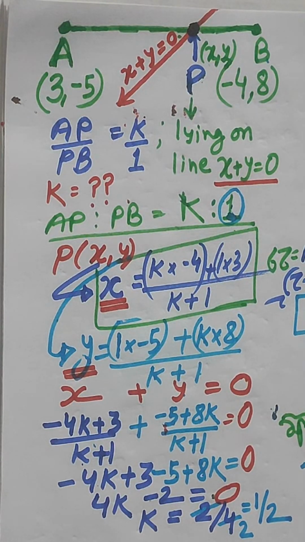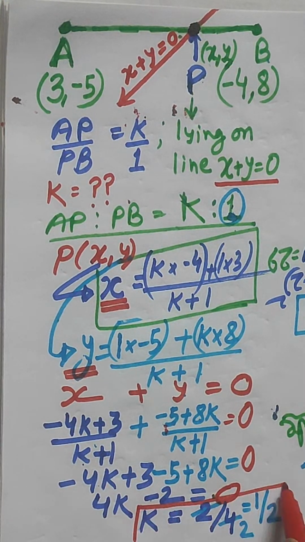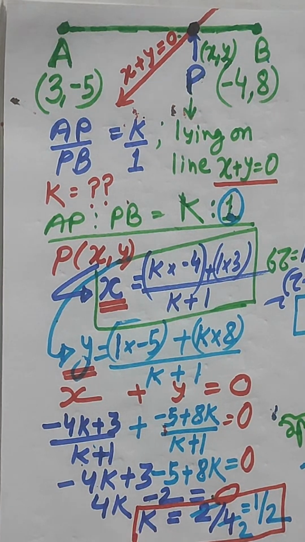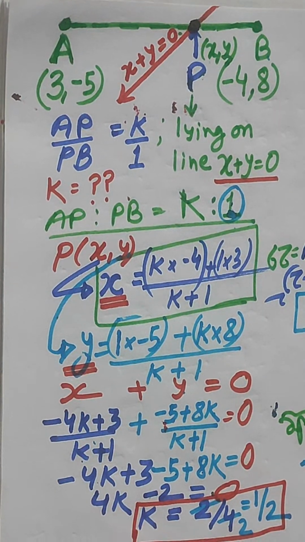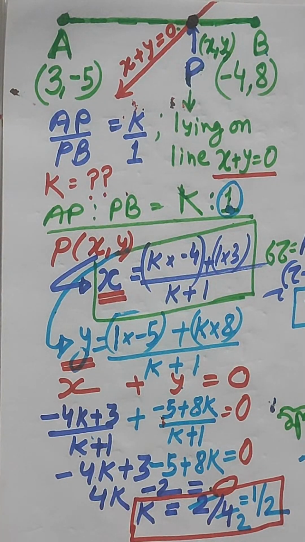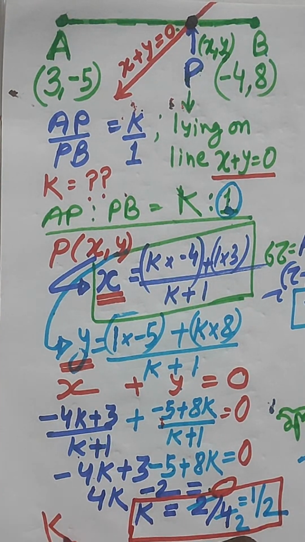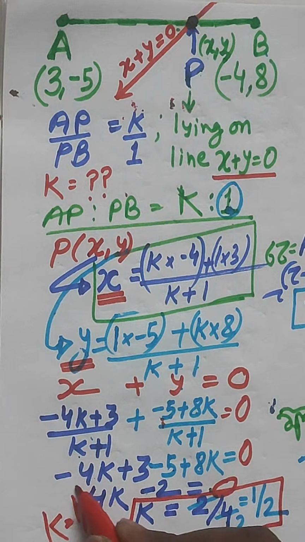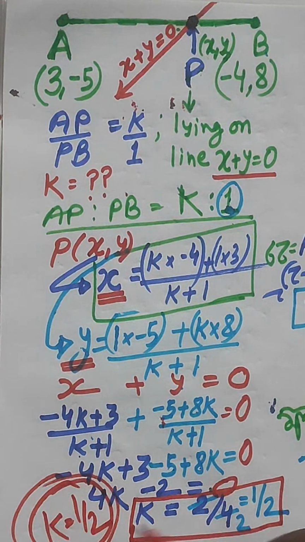So k equal to 1 by 2 is your answer, and in this way we have solved this question, students. This is the answer, right, students? So in this way we have just completed today's live session for the 2 question series.